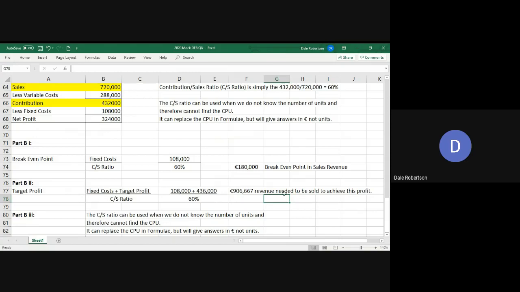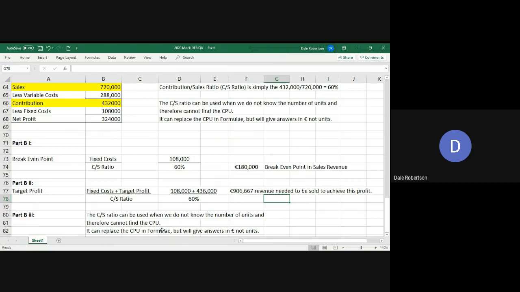And then finally, we have part 3, which is basically just a rationale. It says, for what purpose is the contribution to sales ratio regularly used? And when is its use essential? Well, the CS ratio can be used when we do not have the number of units, and therefore we cannot find the contribution per unit.